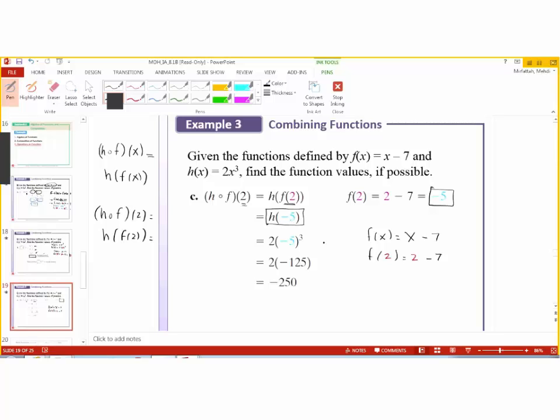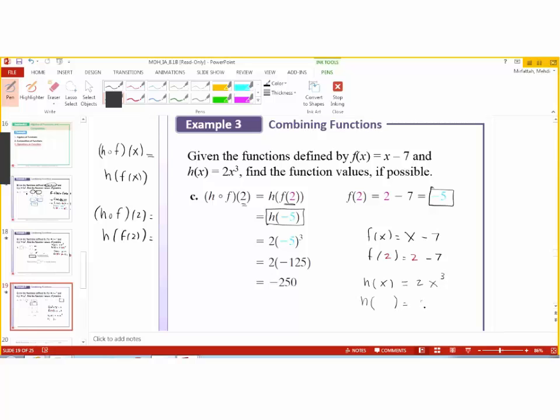Now we have to find what h of minus 5 is. To find h of anything, you have to look for h of x. h of x is given to me as 2x to the power of 3.